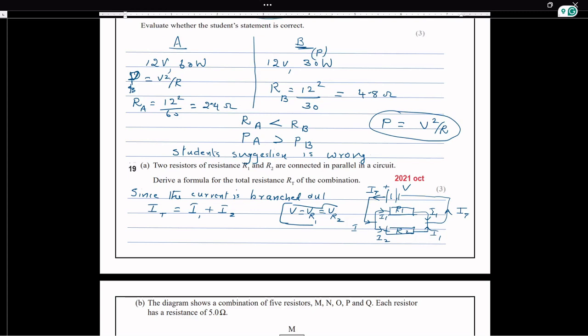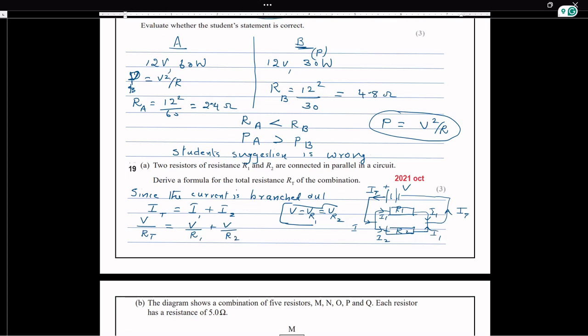So let us write the value of current in terms of voltage and resistance. So this is total voltage over the total resistance, let me represent it as RT. I1 is the voltage across that branch, which is again V over its resistance, and I2 is the voltage across the second branch over its resistance.